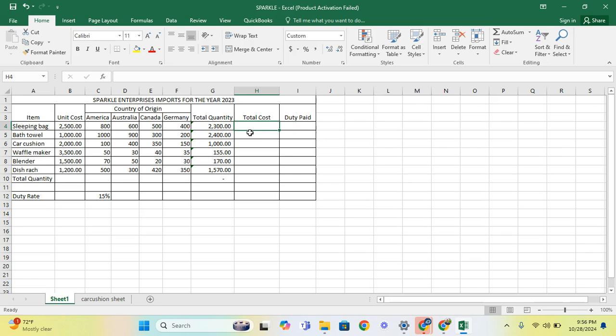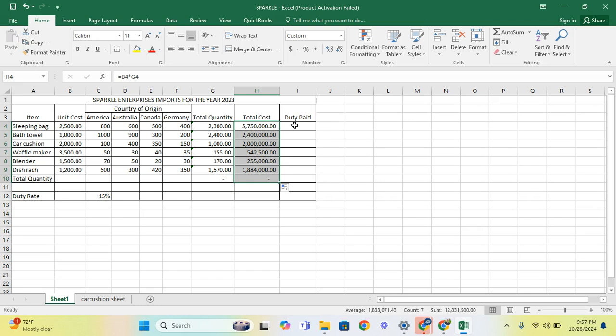We need to start with an equal sign to write any formula, and then we pick the cell B4, multiply by the cell G4, and then enter. For us to generate the rest, we double click, and we have generated the total for the rest of the data that we need there.